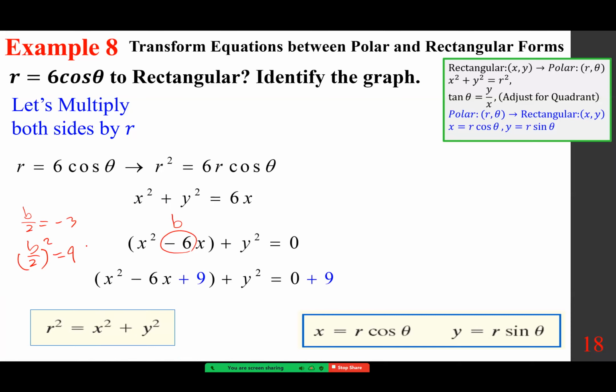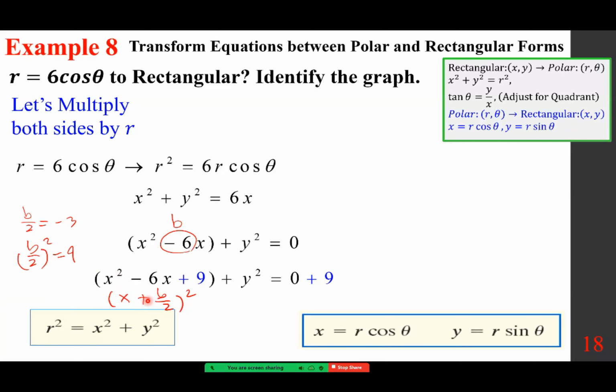So the left side is x minus 3. What happens to the left side? It's always x plus b over 2 squared, whatever the sign of b over 2. Because b over 2 is negative, it's negative 3. This will always be the case when you do completing the square, okay?